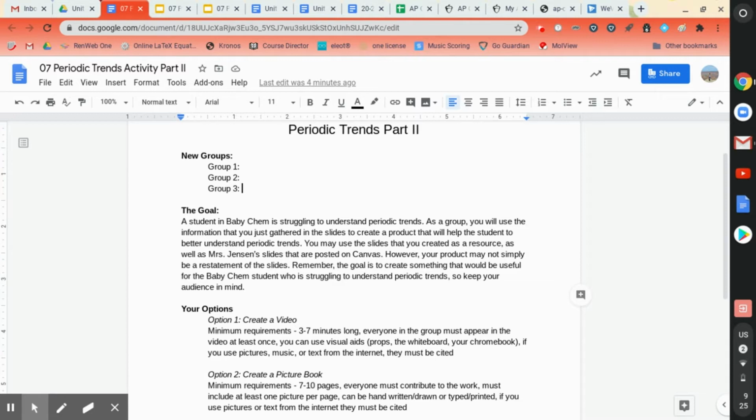You're going to try to create some sort of resource for a baby chem student who is struggling to understand periodic trends. You can use the slides and the information that you gathered while making your slides to help you. You can look at my slides on Canvas, but you need to explain it in a way that you think would help someone in baby chem understand periodic trends and how they work.